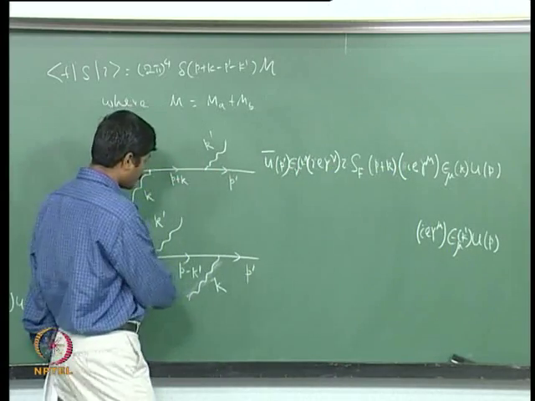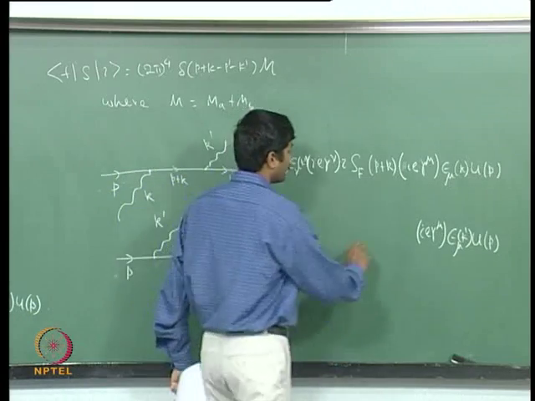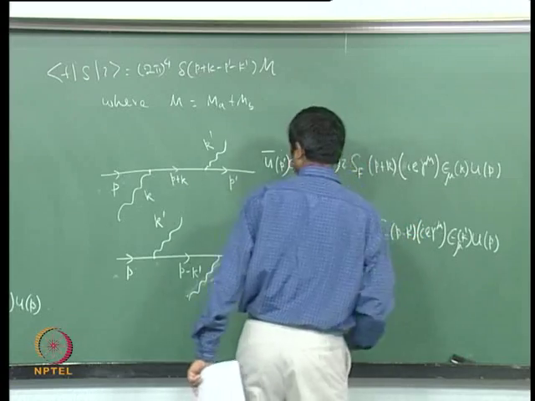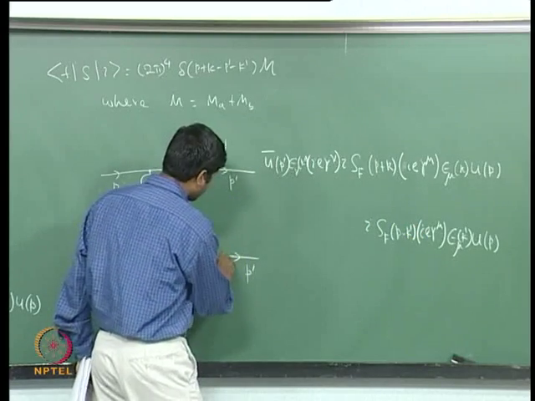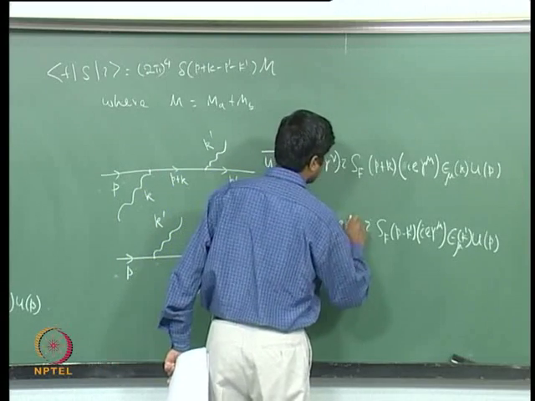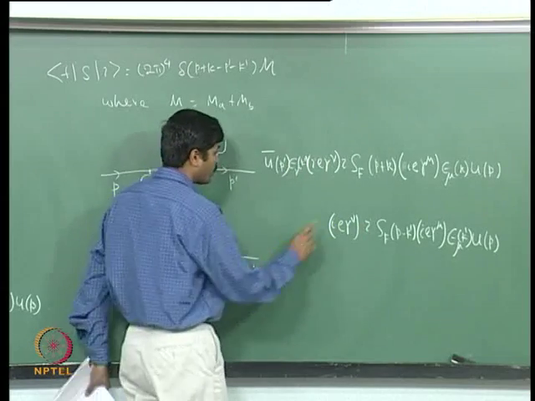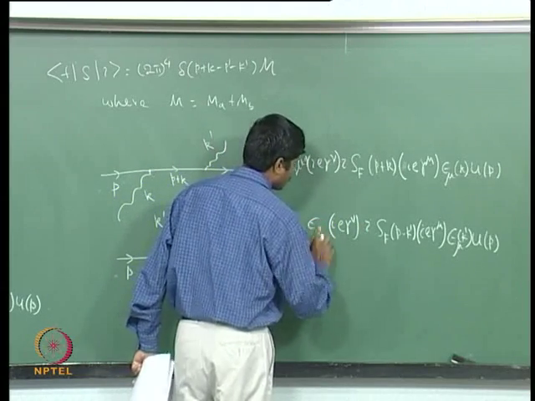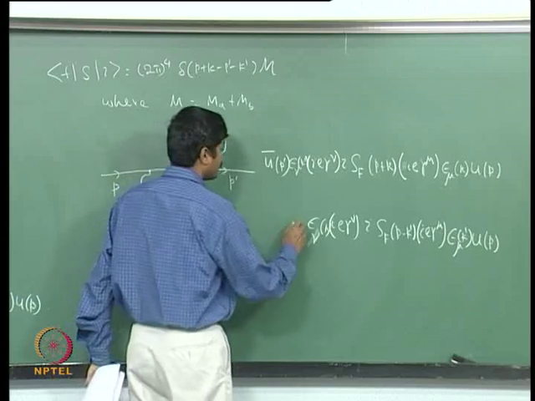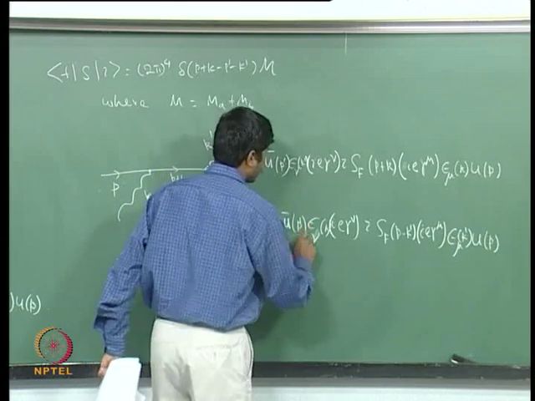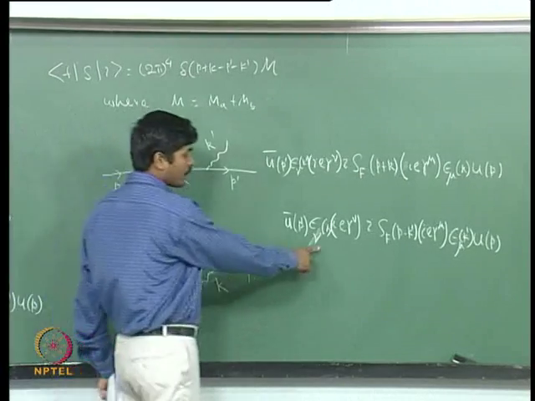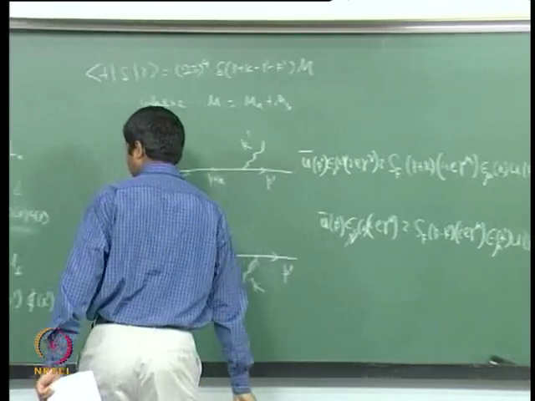Then you have a fermion propagator of momentum p minus k prime, for that I will write i S_F of p minus k prime, and finally the incoming photon is absorbed here, or there is an interaction vertex which I will write as i e gamma nu. For the incoming photon of momentum k, I will write epsilon nu of k, and there is an outgoing electron for which I will write u bar of p prime. You can see that the amplitude computed by following this set of rules is exactly this amplitude here.